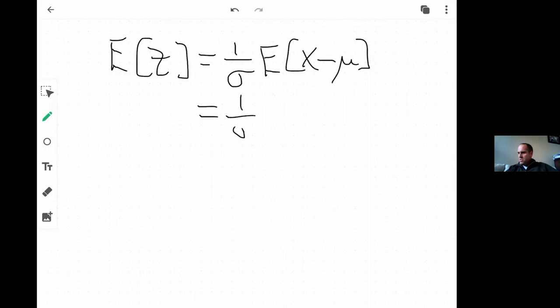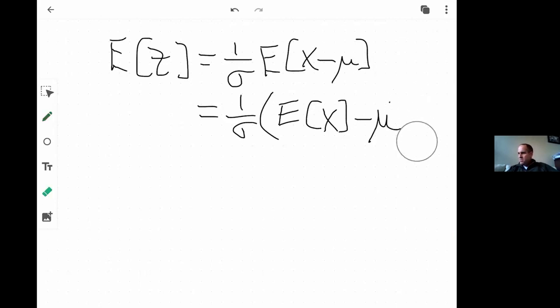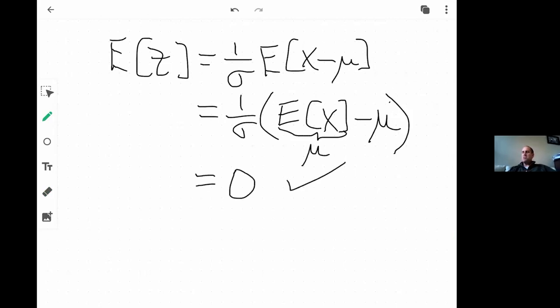And look, you can just use the linearity of expectation. This is the expected value of X minus the expected value of mu. Well, that's just mu, right? But this right here is also mu. So this is 0, right? So the expected value of this new random variable that we've created, the z-score, is 0, okay?